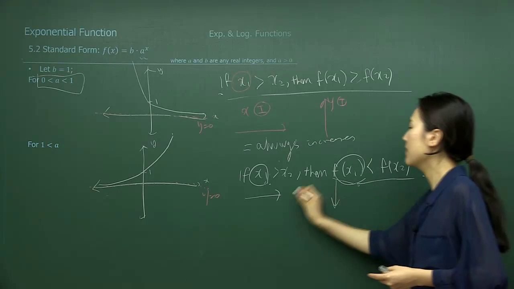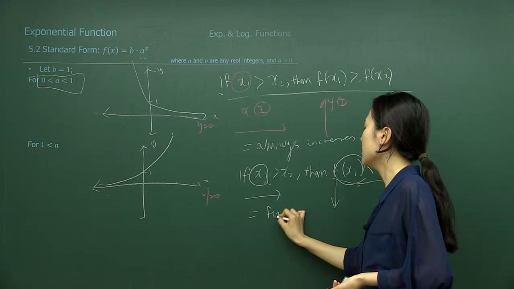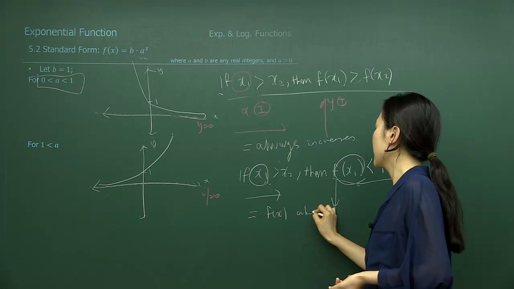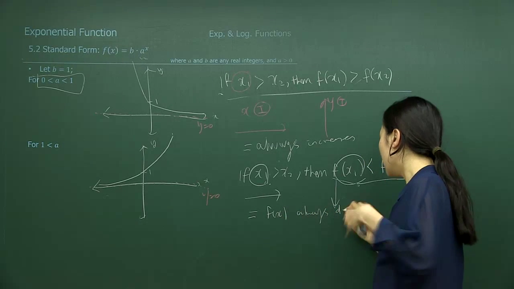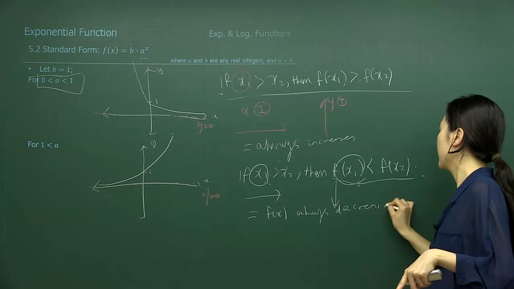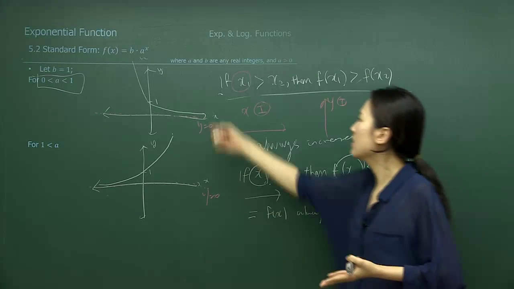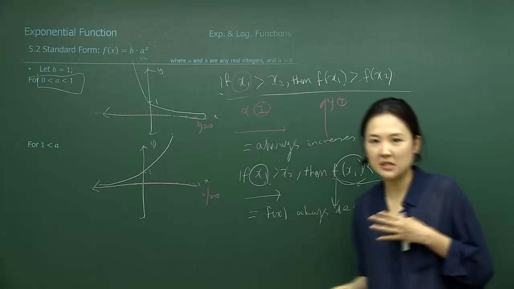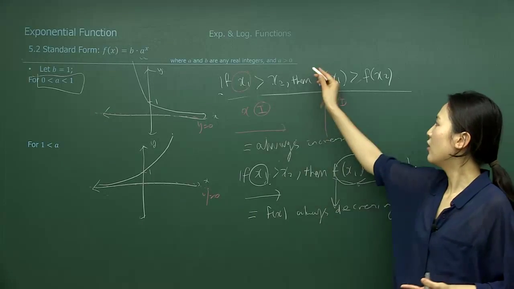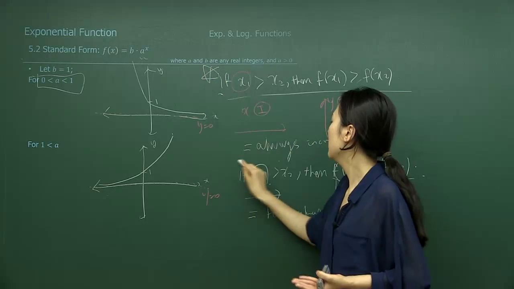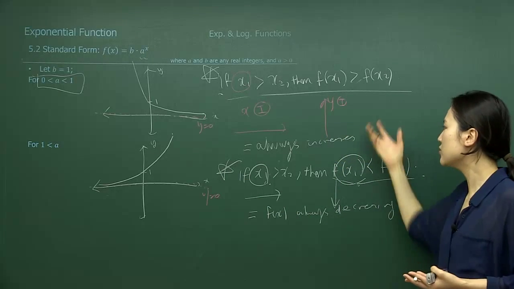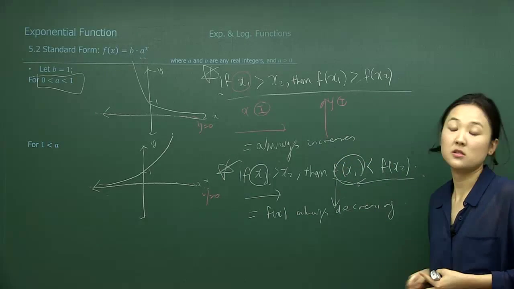What does that mean? This means that your function is always decreasing. It's always going down. So again, this will be the always decreasing function. So write down these two statements, and please do remember the meaning of each statement.